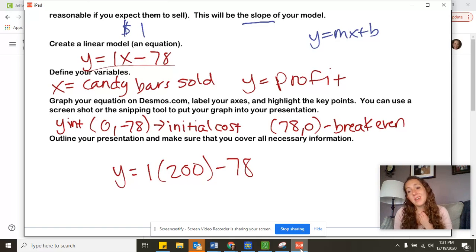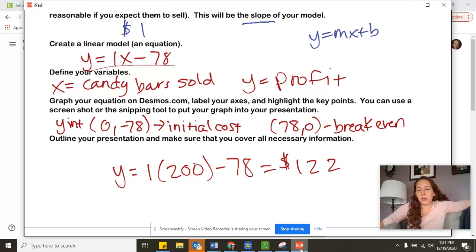And if I plug that in, I would get $122. So if I sold all my candy bars, I would raise $122 for the Kentucky Humane Society. Yay me. That could feed lots of little puppies and kittens and older dogs and hopefully help with whatever their needs would be.